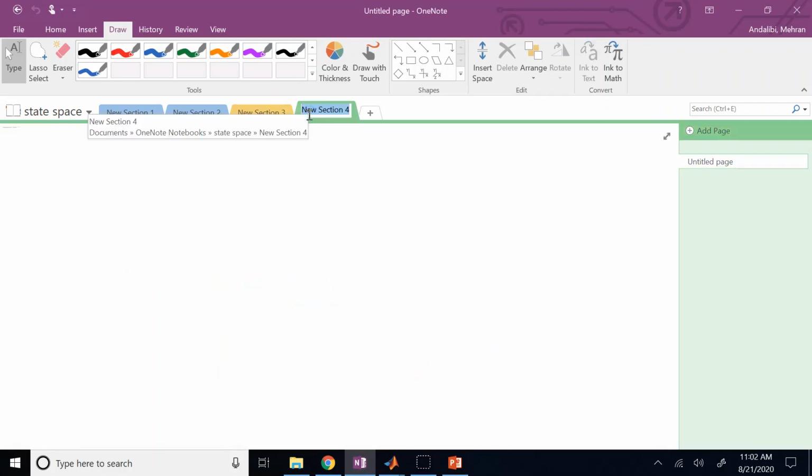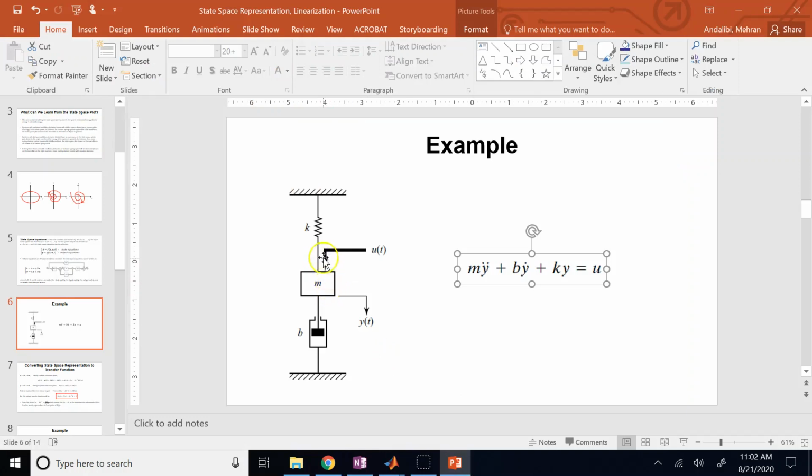So basically when you let the system go to equilibrium, this mass, since it has gravity, will cause the spring to be stretched, and the amount of spring force, K times the initial stretch, delta, whatever you want to call it, should be equal to mg, so that this system is at static equilibrium.